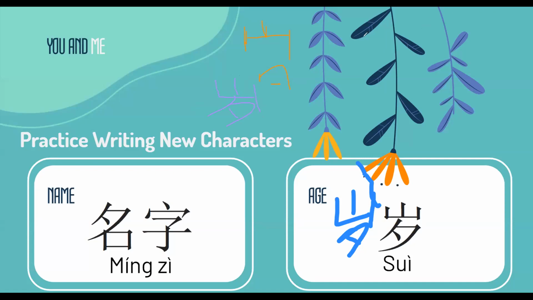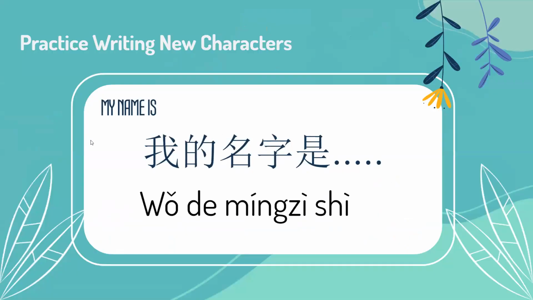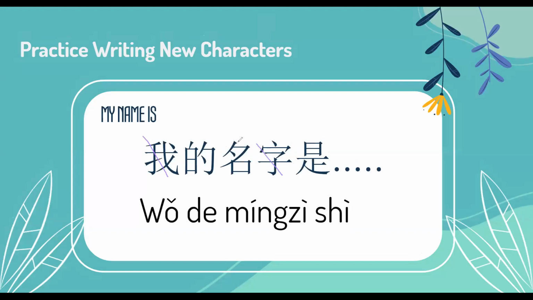And let me clear all the drawings. So now we have the whole sentence. We already did 我, so we don't need to do that again. And also 名字. But now we can do 是, which I know we haven't really gone over, but it means is, basically.